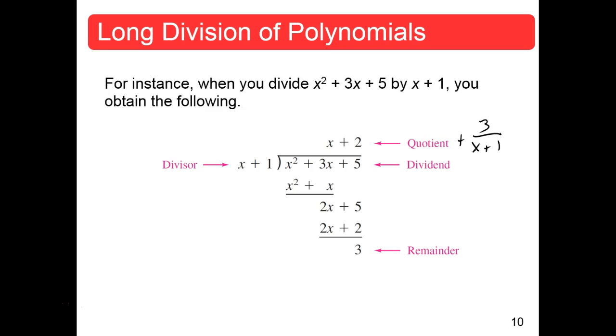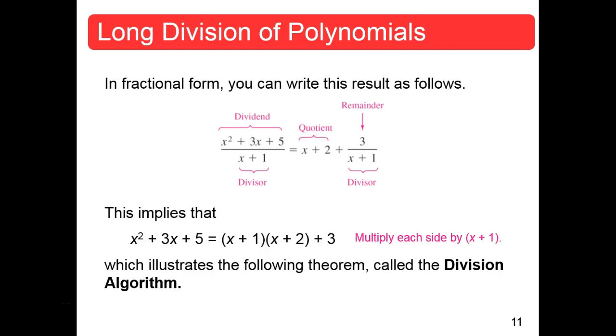Multiply the quotient by the divisor, and then if you have a remainder, add that to the answer. Well, that's exactly what this is saying. The dividend is equal to the divisor times the quotient plus the remainder. Both of these forms are called the division algorithm.